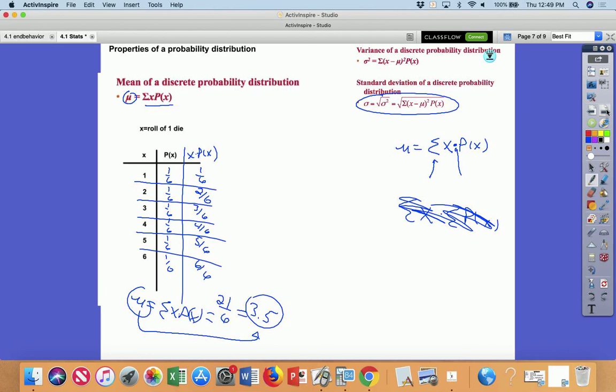So now let's look at the standard deviation formula. Your formula is the square root of the sum of (x minus mu) squared times p of x. Notice that there's no dividing by n in here. That's because with probability you've already divided by n.